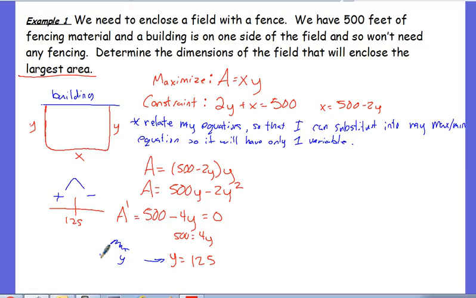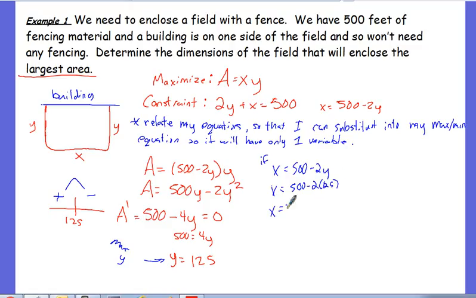Right? So the question was determine the dimensions. For dimensions, you need what? You need the sides. So I know the y. Can I get the x? How? X is 500 minus 2y. So if x is equal to 500 minus 2y, then x is 500 minus 2 times 125.